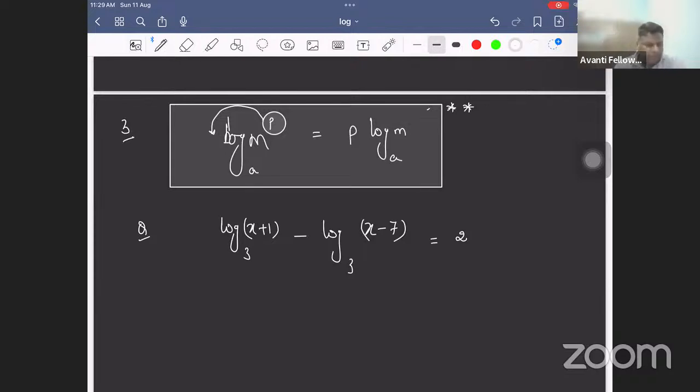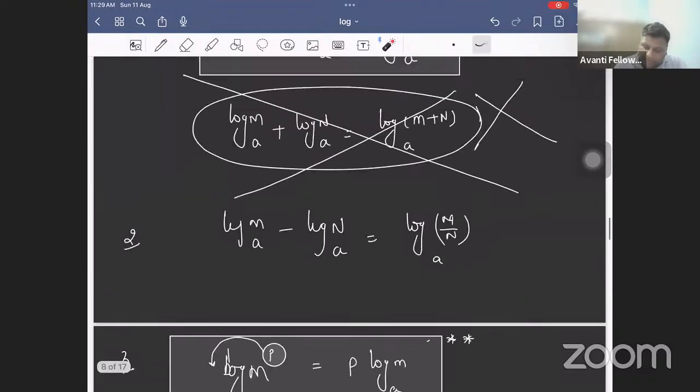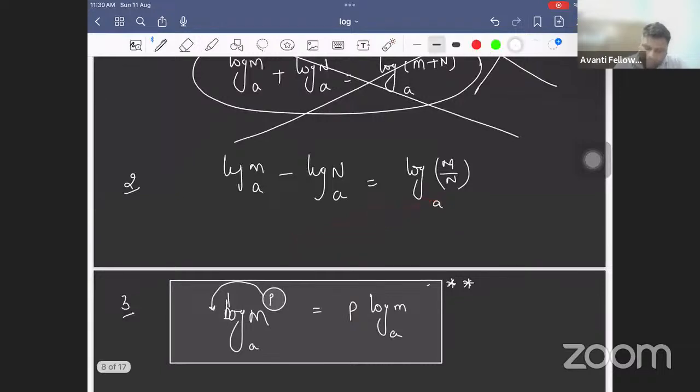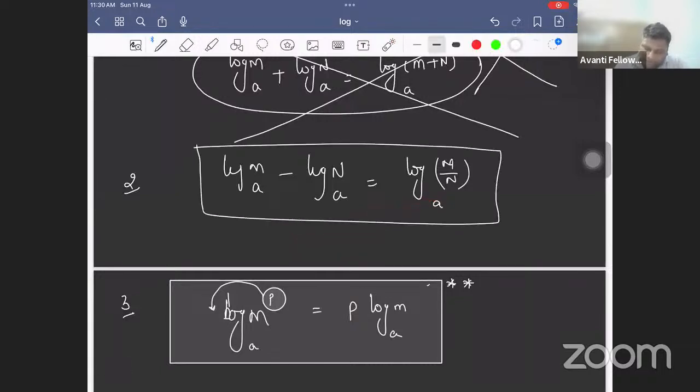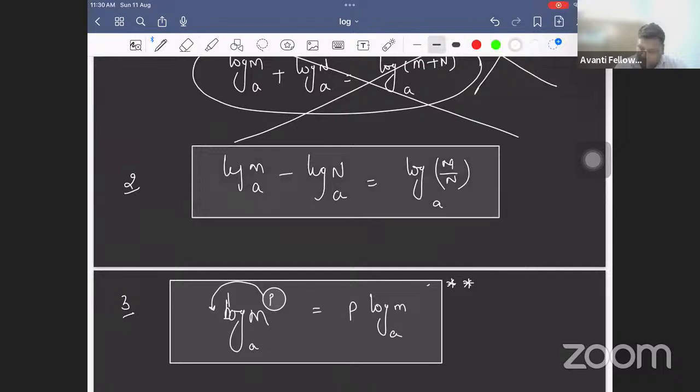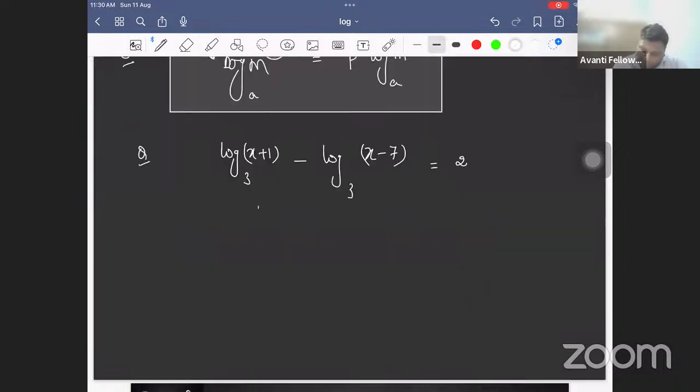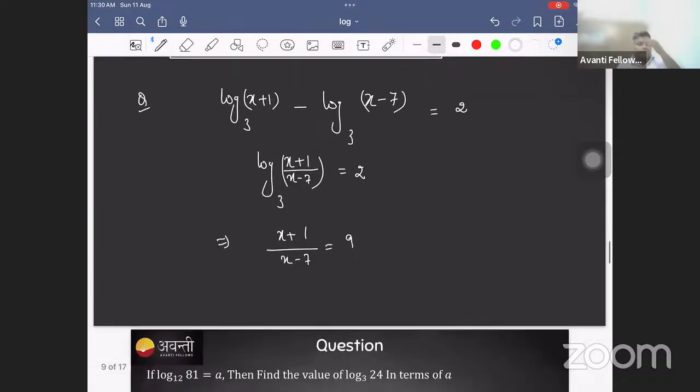Now see, using that first property, this one. So what do I say? Log x plus 1 upon x minus 7 base 3 equals to 2. This implies x plus 1 upon x minus 7 is 3 to the power 2, that is 9.